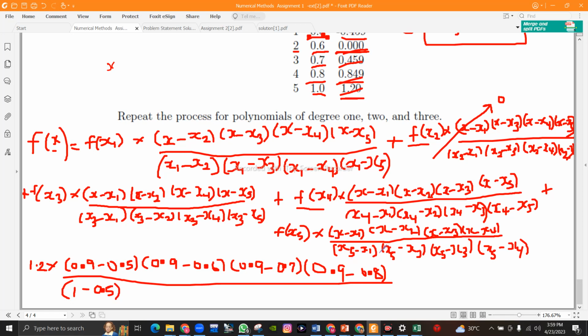x5 minus x2, which is 1 minus 0.6. Also x5 minus x3, which is 1 minus 0.7. Also x5 minus x4, which is 1 minus 0.8.